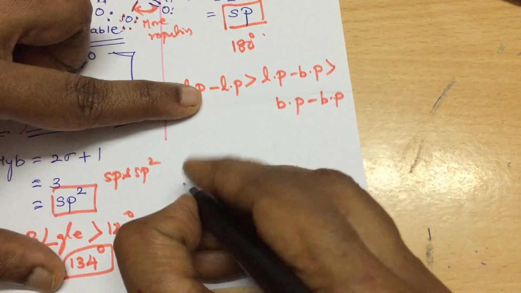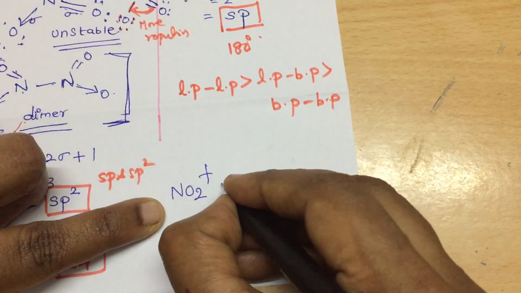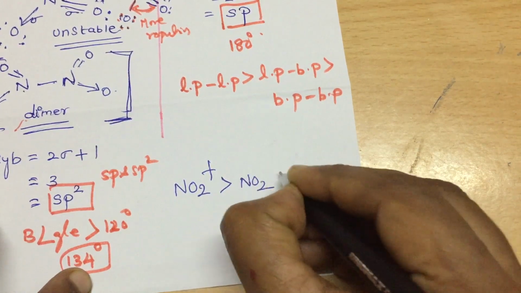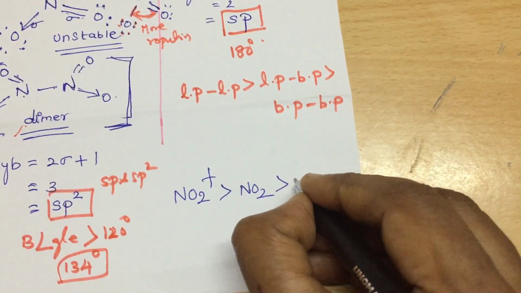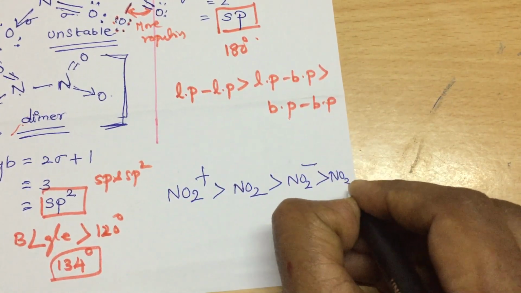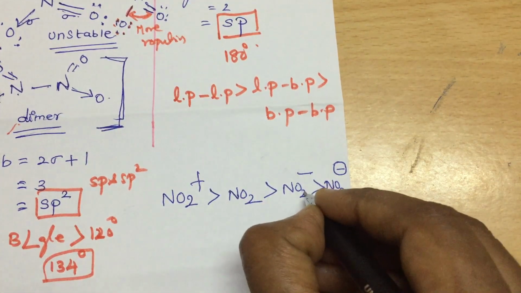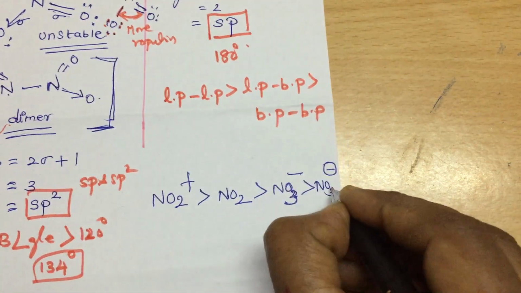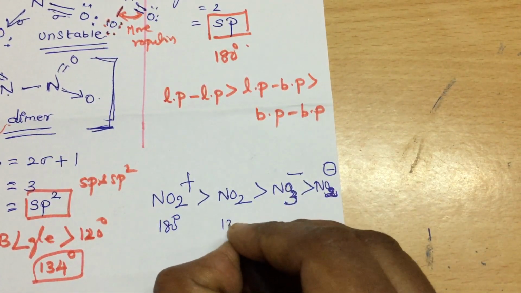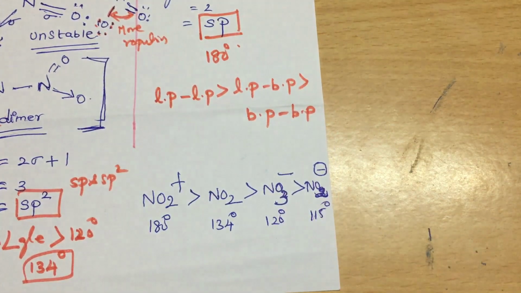First comes your linear, NO2 plus, which has the greatest bond angle, and then comes your NO2, and then comes your NO3 minus, and finally NO2 minus. So this is 180 degree, this is 134 degree, this is 120 degree, and this is 115 degree.